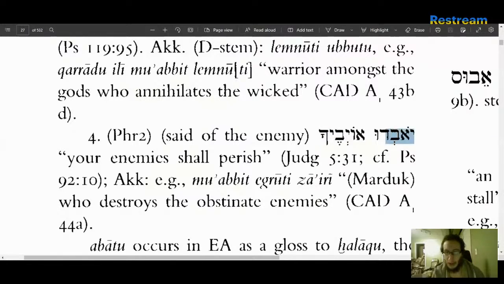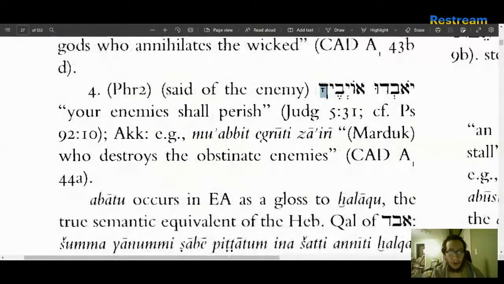Shall perish they, enemies your. The word order is different than in English. So Marduk is said to destroy the obstinate enemies, and Marduk destroys them with the same word, abad.